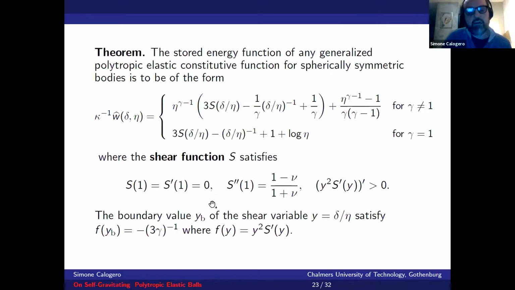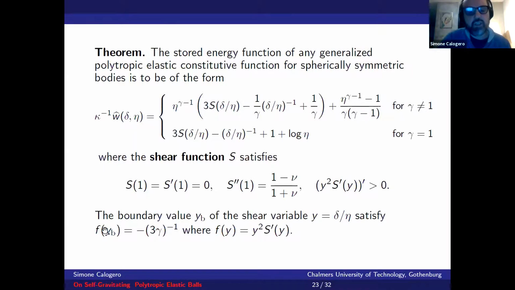And now, what is the value of the constant boundary value YB on the boundary of the body? I'm assuming here that this CBS assumption is satisfied, so on the boundary of the body, the shear is constant.